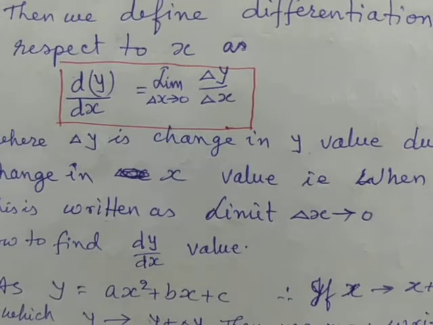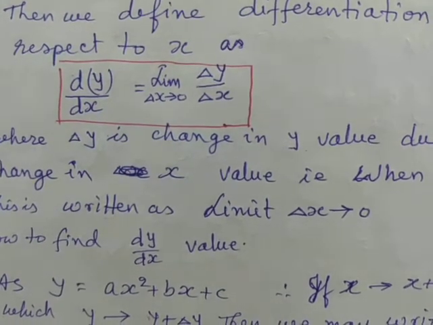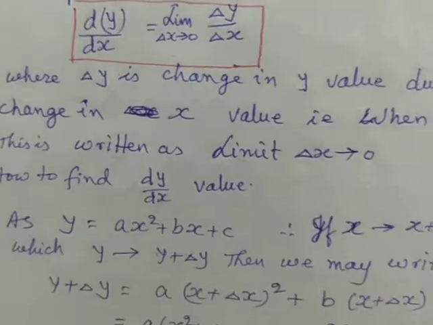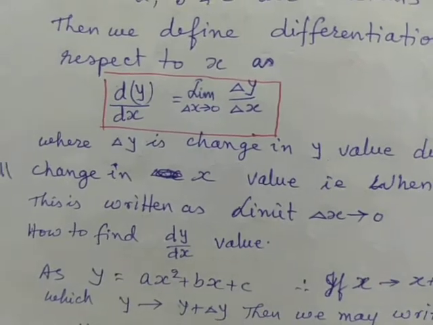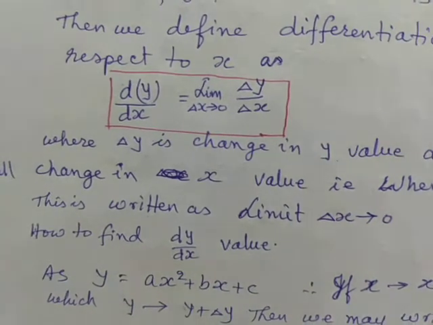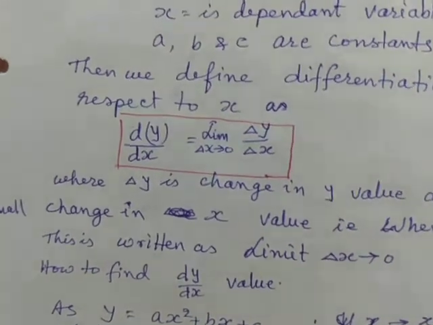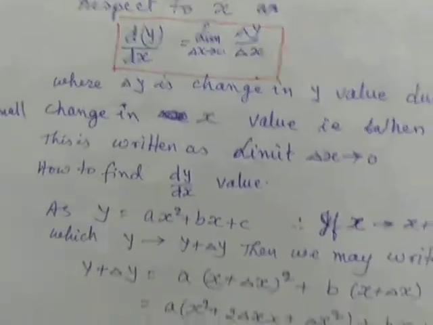The ratio of delta y by delta x when delta x is tending to 0 is defined as differentiation of y with respect to x.